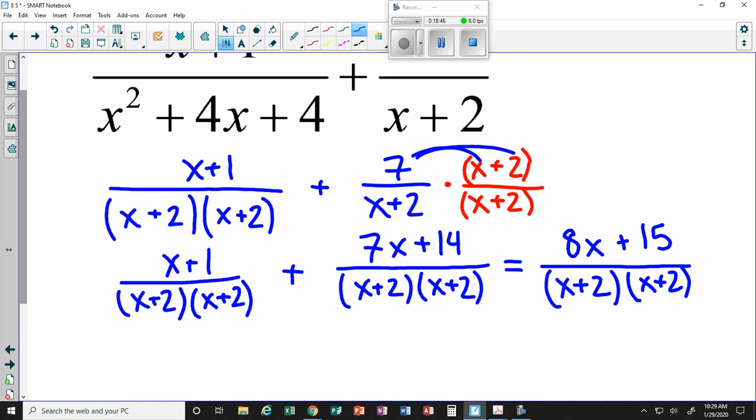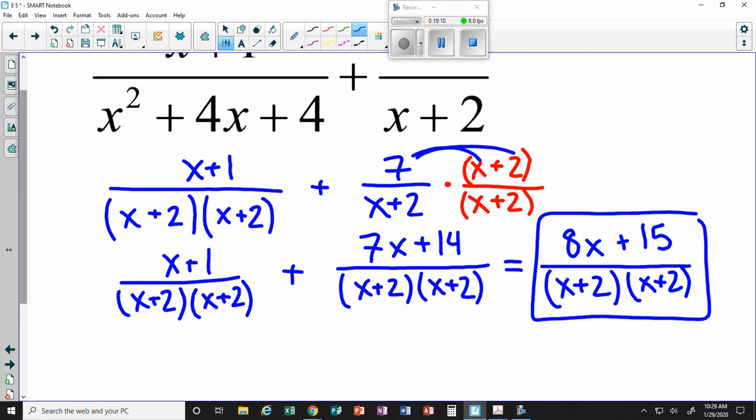So, can I factor that at all? Top, bottom's already factored. 8x plus 15. Well, 8 and 15, there's nothing in common. So that's our answer right there. Okay, so that's how we add and subtract.